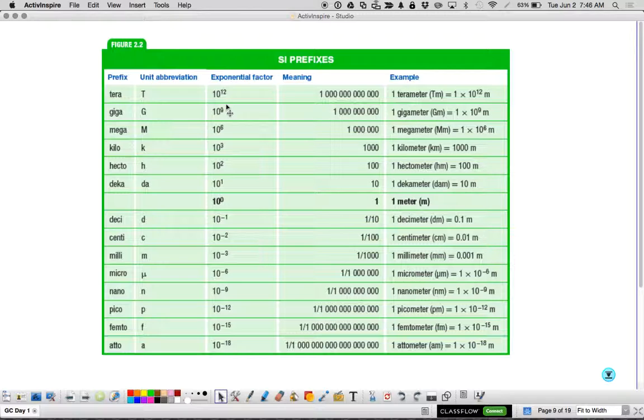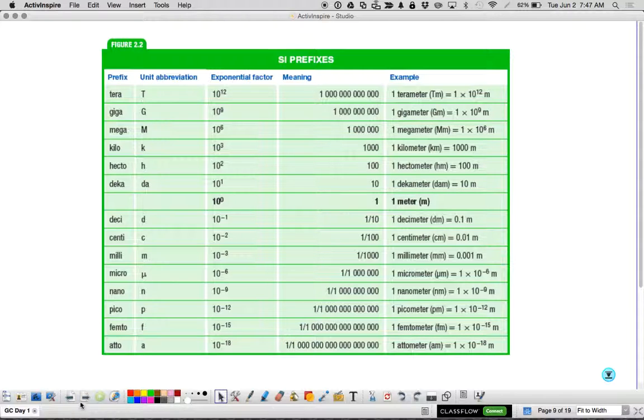And I prefer to keep the prefixes in these exponential factors, and we'll use scientific notation a lot in this class, so keeping things in the exponential factor makes your life a little easier, and plus there are some definite trends here, and not having to write 1 over 1 billionth for a nano, which we'll use, is nice.